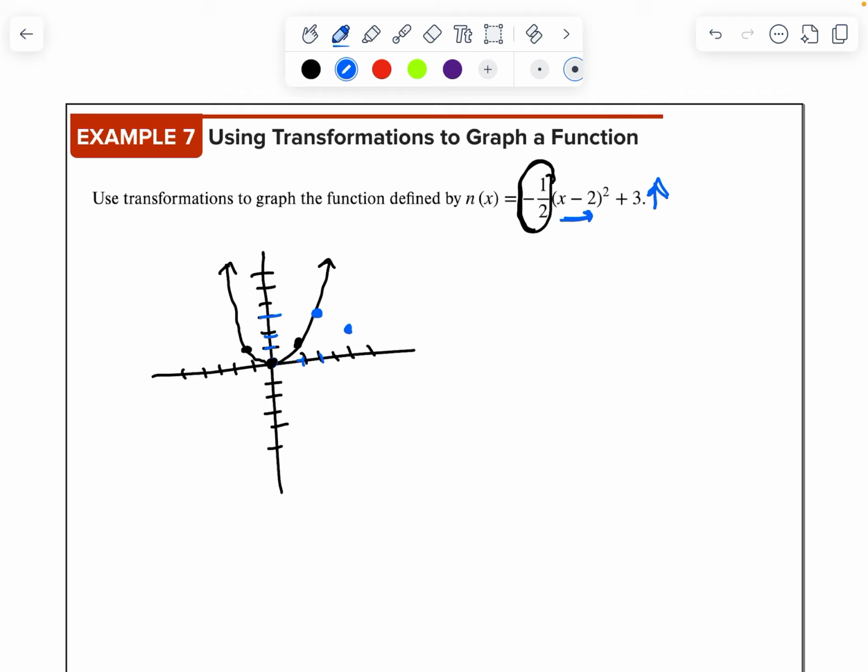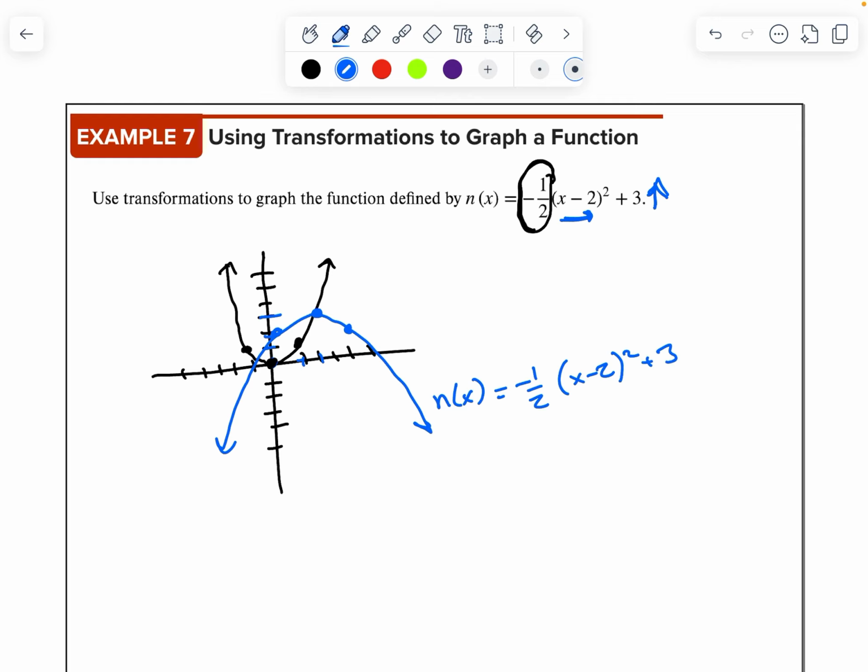Down 1/2, down 1/2. And then my graph ends up looking like this. That's n of x, not f of x. So let's write that as n of x equals -1/2 (x minus 2) squared plus 3.